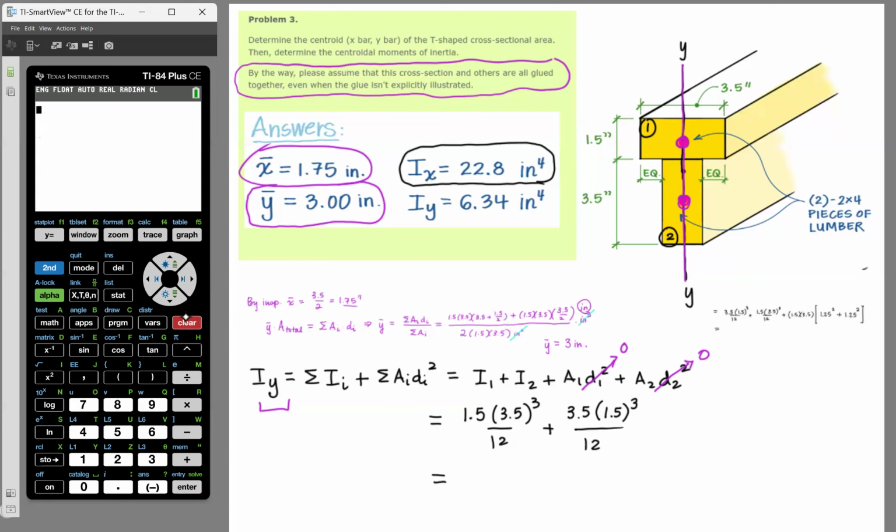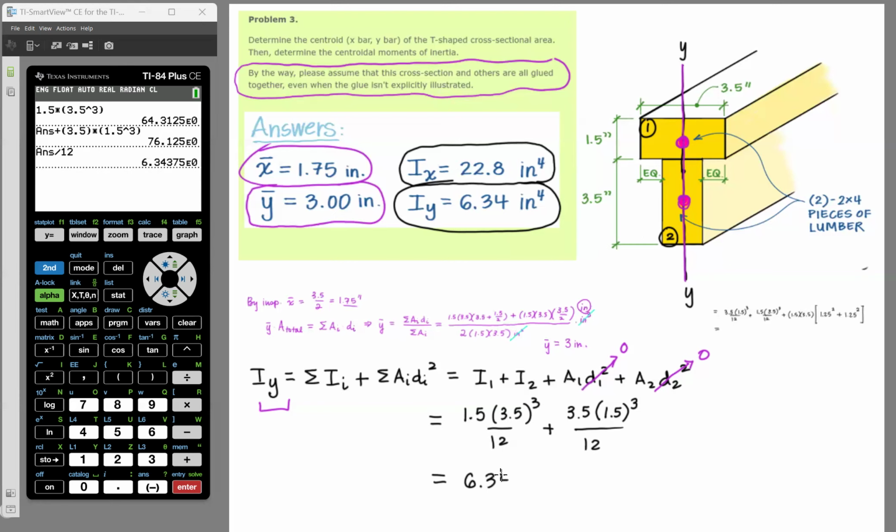That's always good news. So I'm going to do 1.5 times 3.5 cubed plus 3.5 times 1.5 cubed and divide that sum by 12. And there is my IY, 6.34 inches to the fourth.